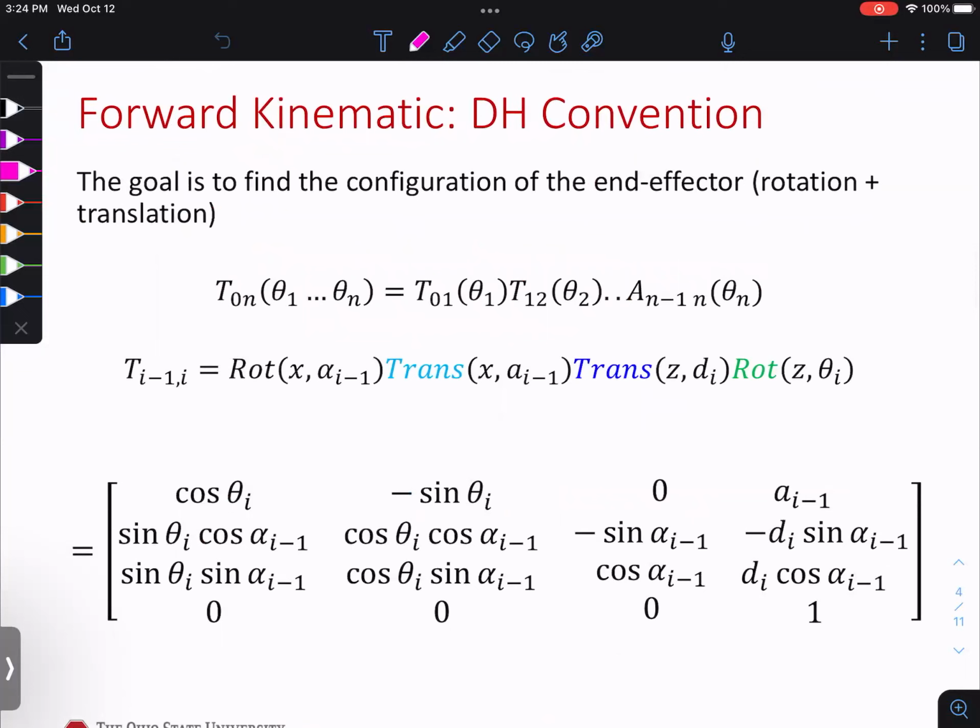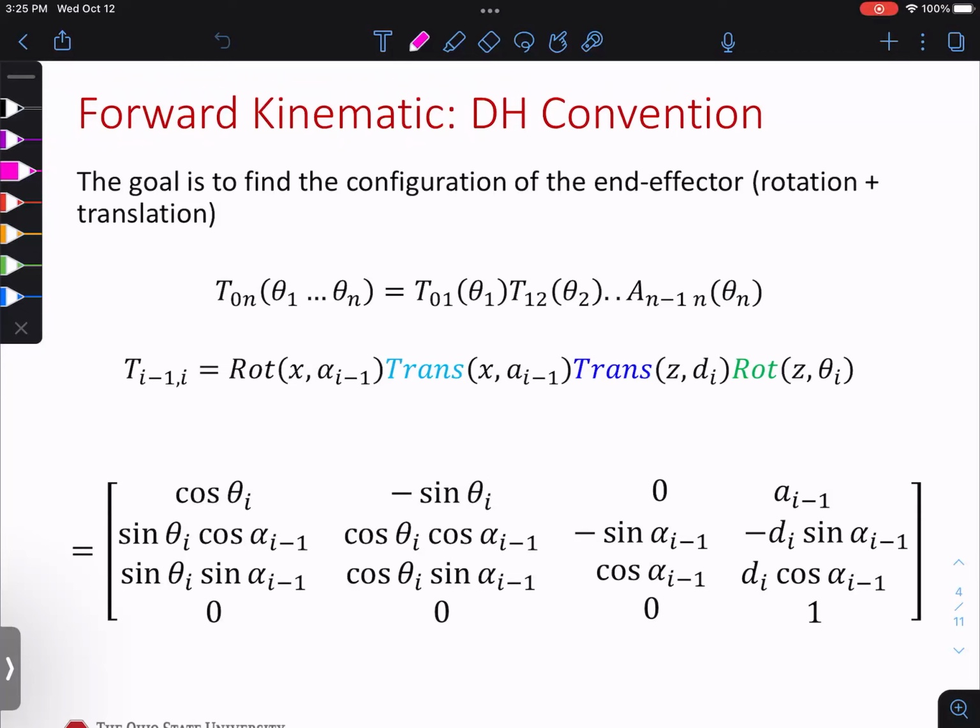In DH table, our goal is to find that configuration, right? This method says that if you can find 4 transformations in this configuration, you will end up finding the position and orientation of your end effector. Because we can say there will be a rotation about the x-axis, a translation along the x-axis, a translation along the z-axis, and a rotation about the z-axis.